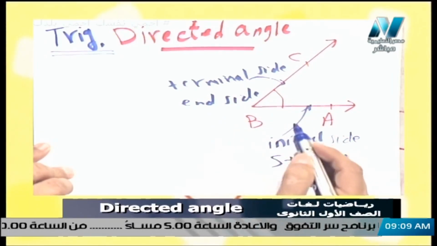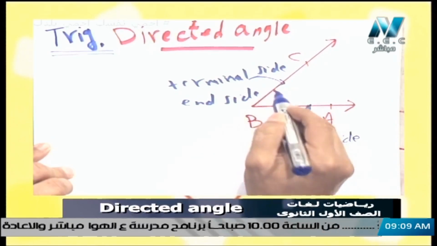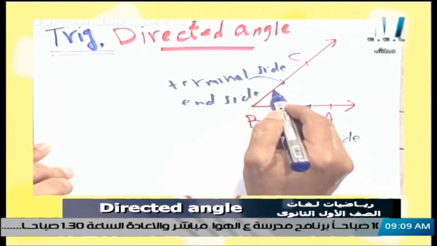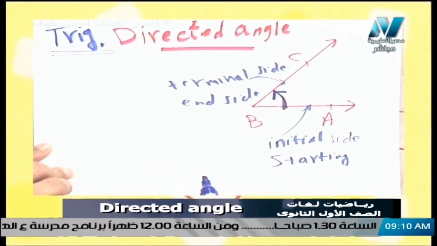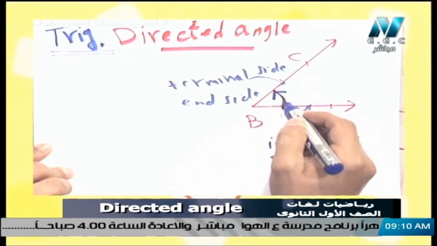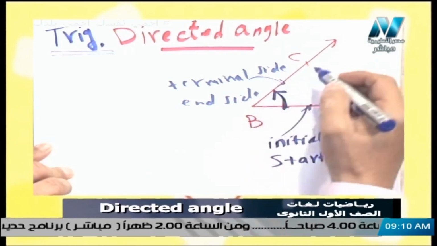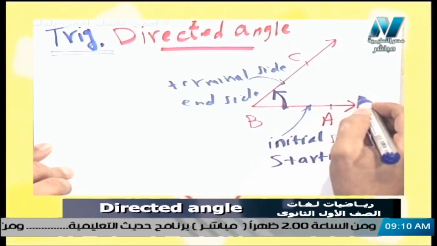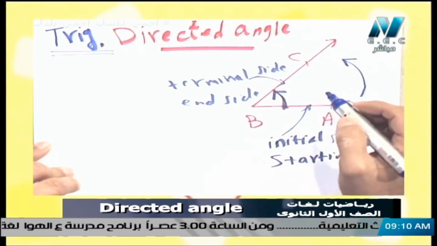Okay, then we have an angle considered a directed angle because this is the starting side and we move in that direction. So this angle will move from here to here, and this is the initial side and this is the terminal side, and the direction here will be anti-clockwise.